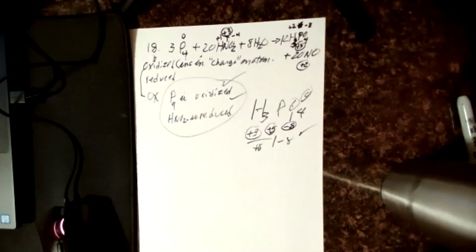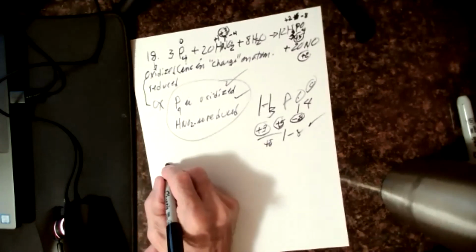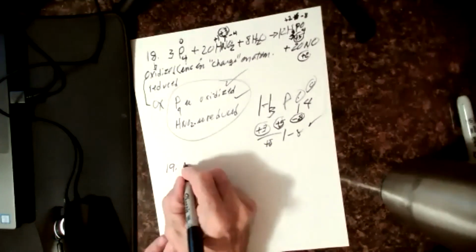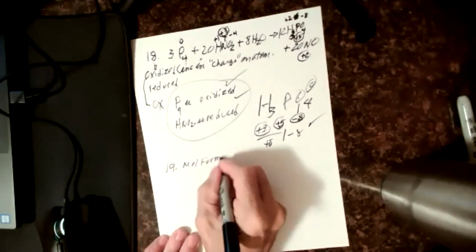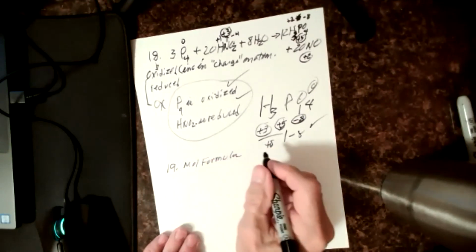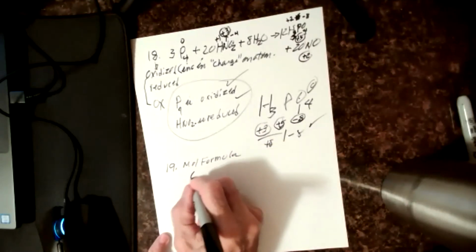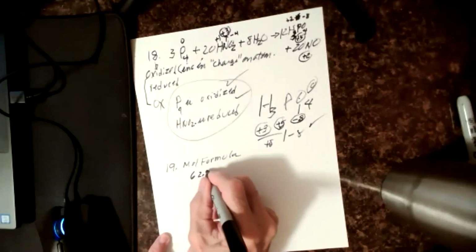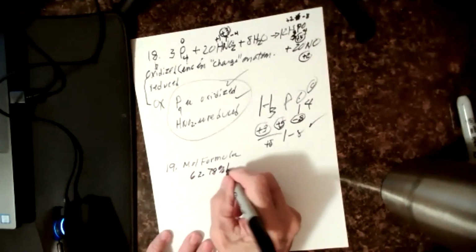Okay, we're getting molecular formula. Number 19 is the molecular formula for a compound that is 62.78% mercury.